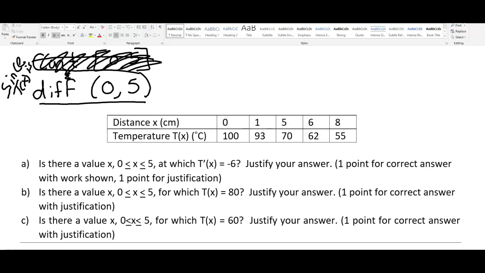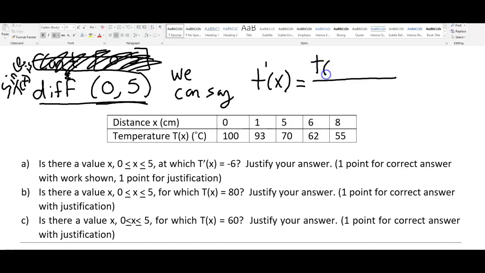So the first thing you guys have to write is, since T of x is differentiable on the interval 0 to 5, we can say T prime of x is equal to, and now we do the whole MVT thing, right? Which is T of 5 minus T of 0 over 5 minus 0 is a true statement.